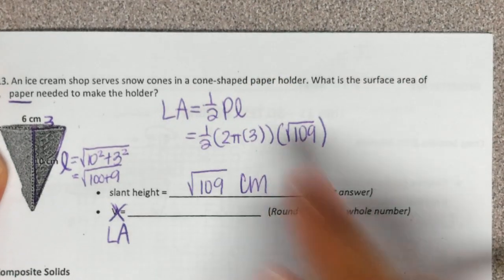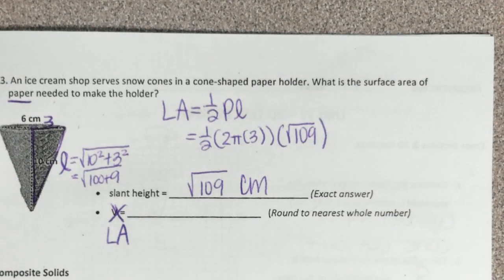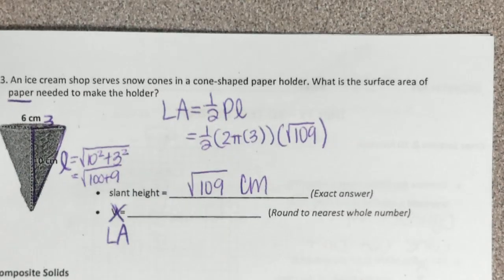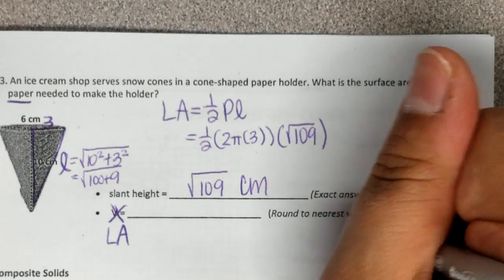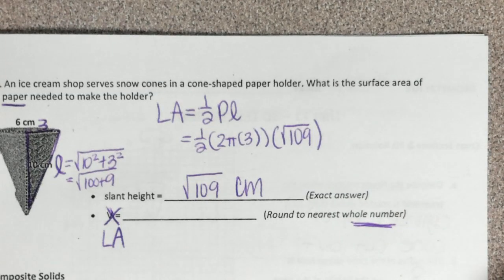So I'm going to put that in the formula. How do I get the answer? Put it in Desmos. It wants you to round to the nearest whole number. So I'm going to do 1/2 pi, 2 pi r? Is that what it is? 2 pi, what's r? Oh gosh. Yeah. Parentheses. 2 pi times 3.